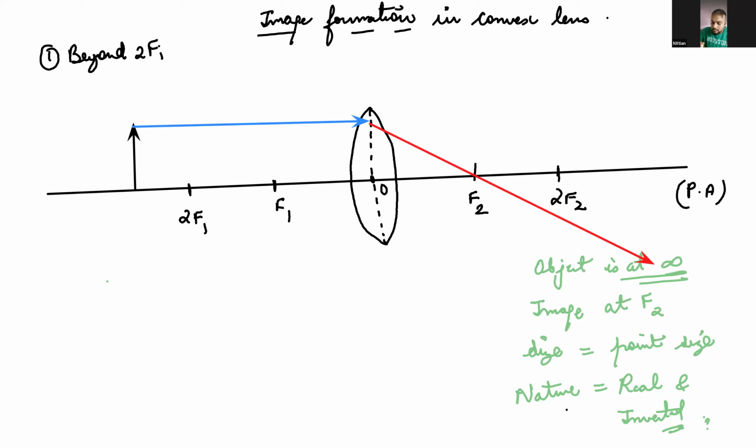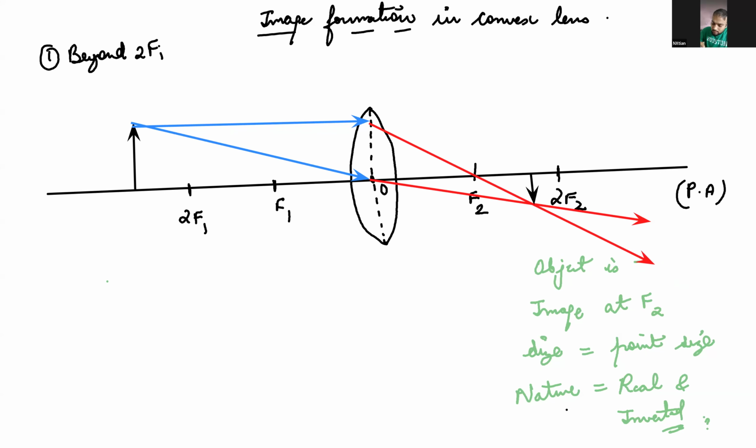And the second is when it is going through the optical center, so it will go straight like this. Where the rays meet, the image forms. Guys, you're not listening.